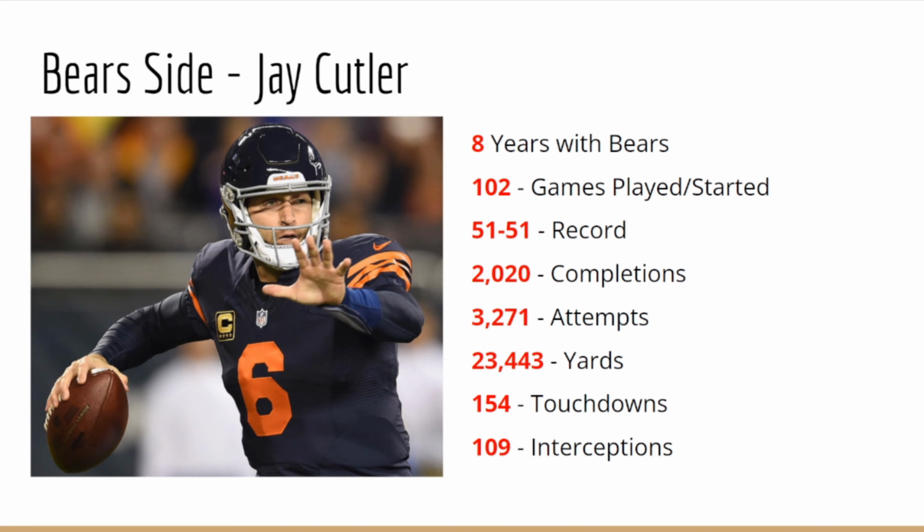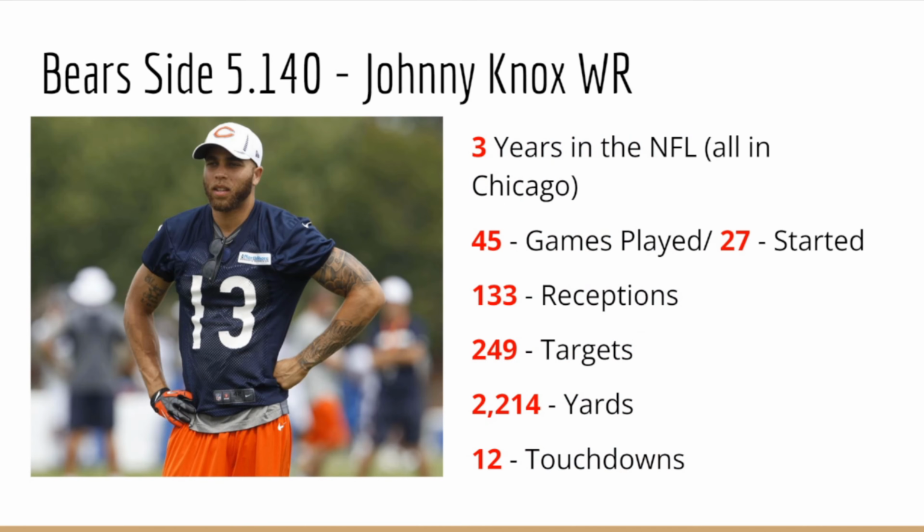He had a .500 record of 51-51 while throwing for 2,020 completions on 3,271 attempts. He'd throw for 23,443 yards, 154 touchdowns, which is 100 more than he threw in Denver, by the way, to 109 interceptions.